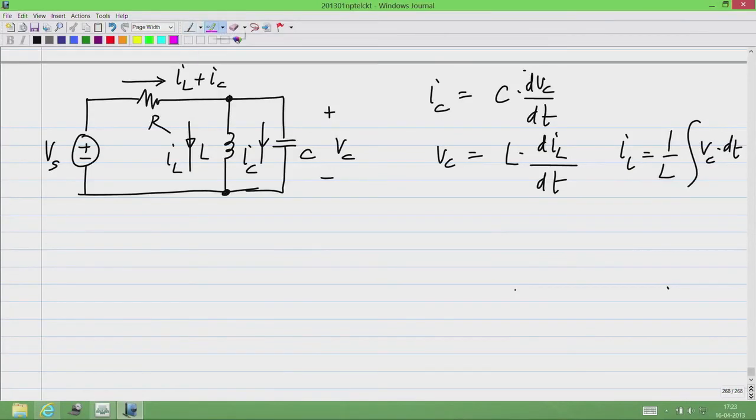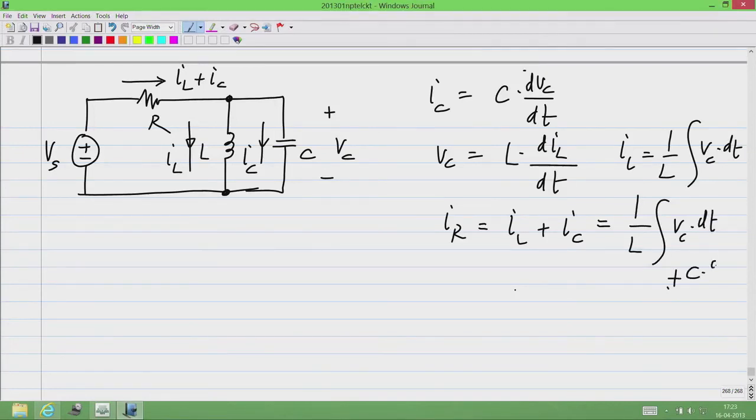And finally, this current IR equals IL plus IC, which is equal to 1 over L integral Vc dt plus C dVc by dt. Also, we know that the current through the resistor is the voltage across the resistor divided by R. So, IR equals Vs minus Vc divided by R. Okay.